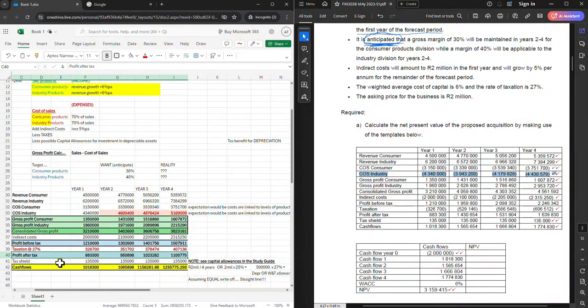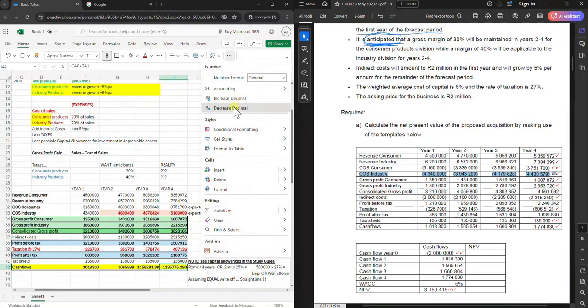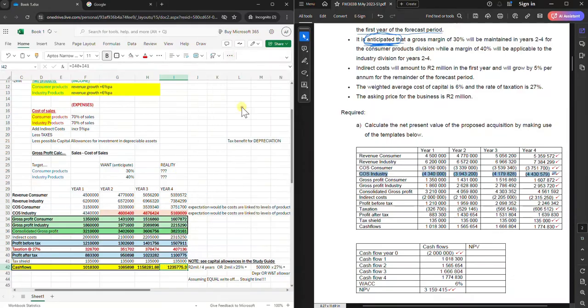I just took this line, profit after tax, and added the tax shield. You have to add. Okay, perfect. Just adding these two, because remember, this is the benefits. Make sense? Perfect.